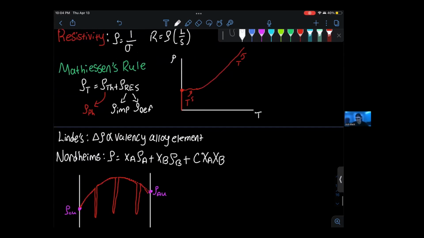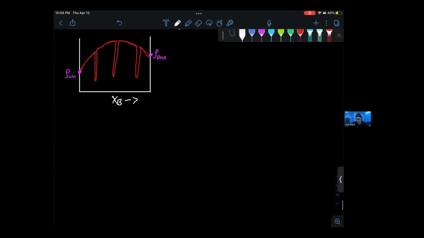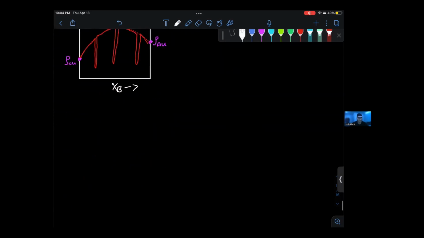Now, if we expand Matthiessen's rule, we get that the total resistivity is equal to, get ready for this, the thermal plus the vacancy plus the interstitial, plus the dislocation, plus the stacking faults, plus the grain boundary, plus the surface, plus the solutes.